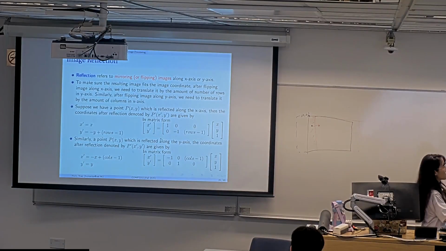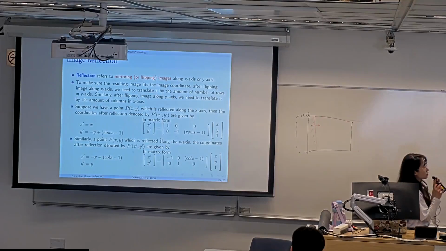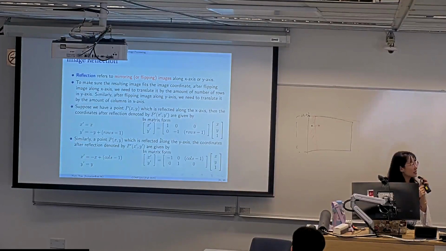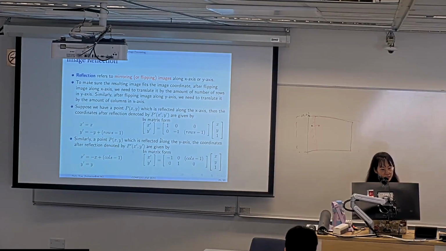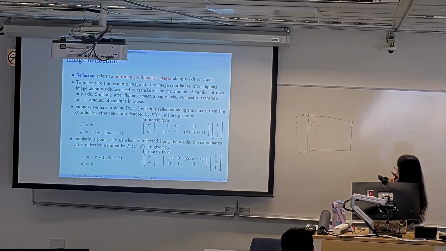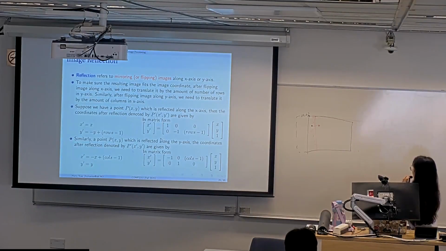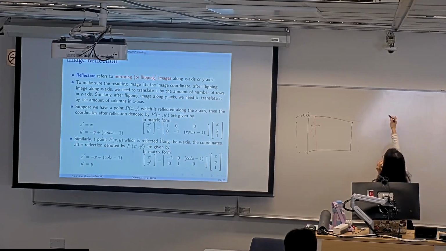Note that after flipping the image along the x-axis, we need to translate it by the number of rows in the y-axis. And similarly, if we want to flip it along the y-axis, we need to translate it by the number of columns in the x-axis. And we can use a simple example to show you. Suppose this is the original image.